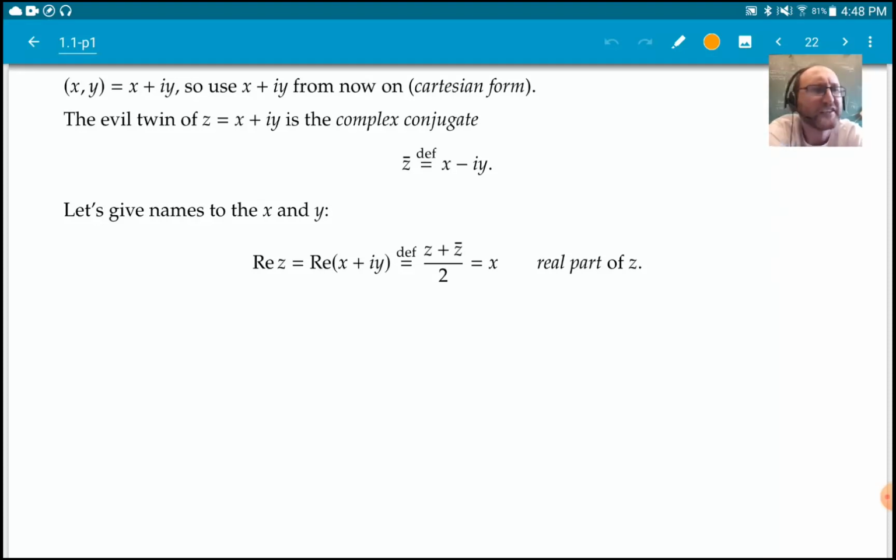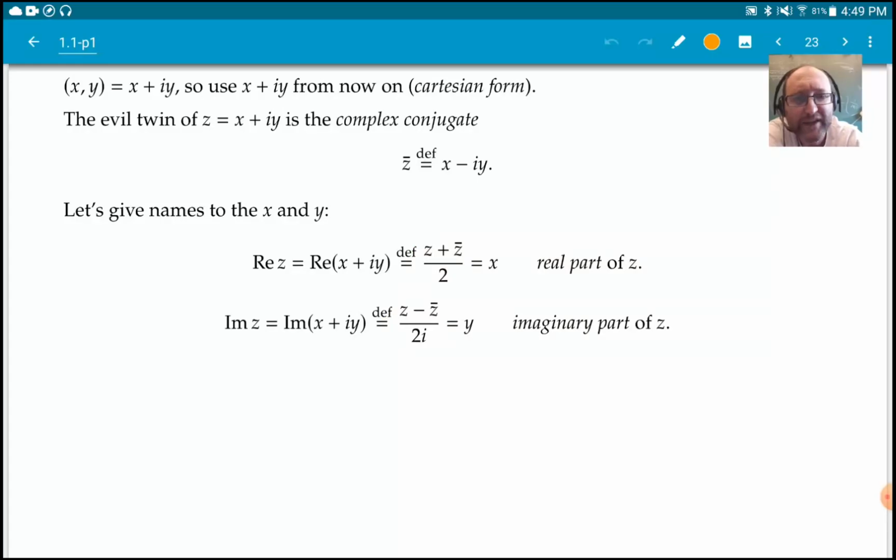Now let's give some names to the x and y. We call x the real part. Once you have the complex conjugate, you can write down an expression: z plus z bar over 2 gives you x. So that's the real part, the x. The imaginary part is the y, and again, I can write it as an expression in z and z bar.